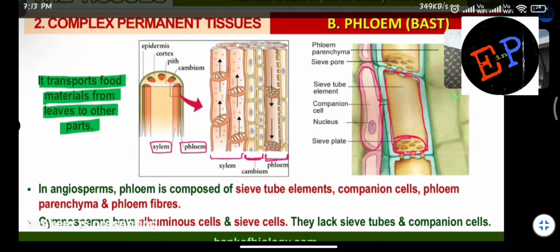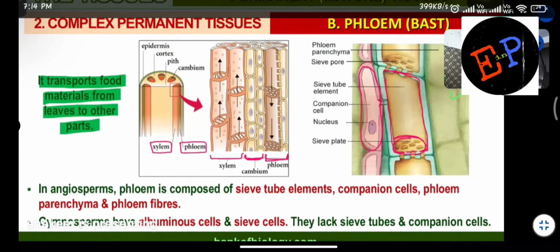Xylem transports water and other nutrients taken up through the roots to the plant. And what does phloem do? Phloem supplies the food material which is produced in the leaves in the form of starch through photosynthesis, and it is supplied to different parts of the plant. So that arrangement we can call phloem, or bast.